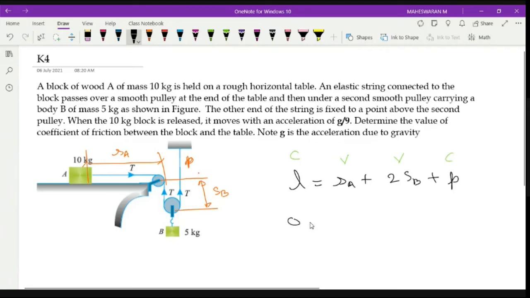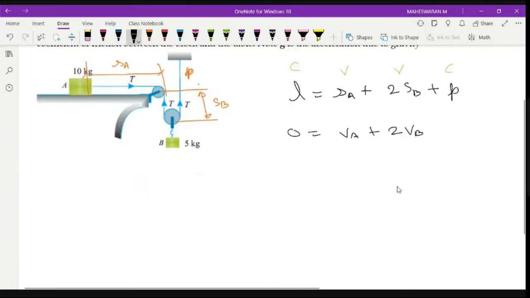I'll get 0 is equal to VA plus 2VB, or VA is equal to minus 2VB. Similarly, I can also say that AA is equal to minus 2AB.